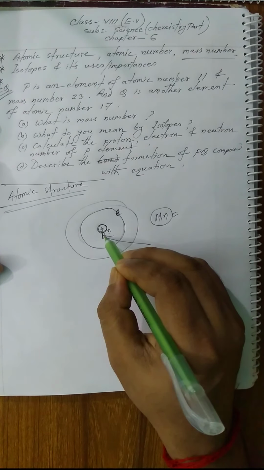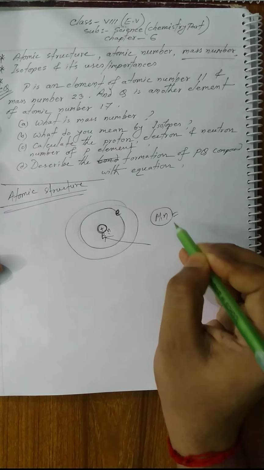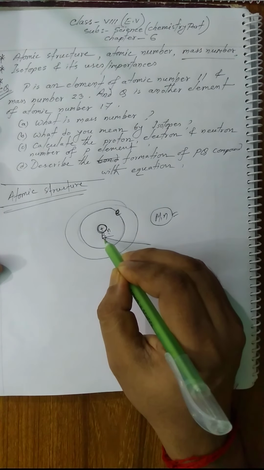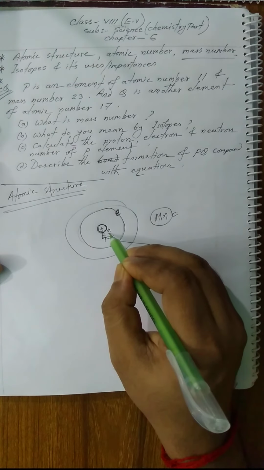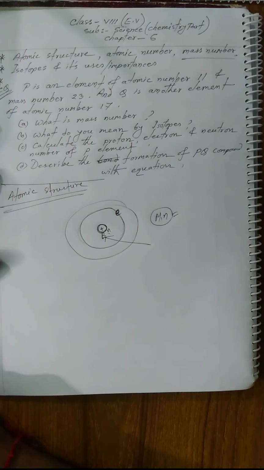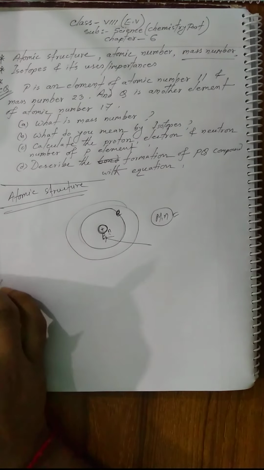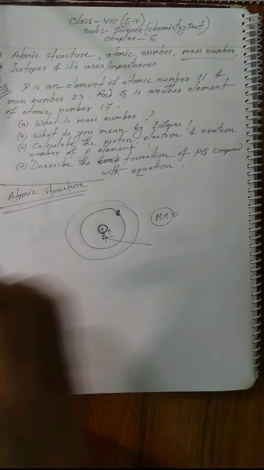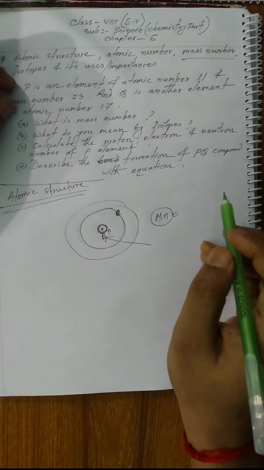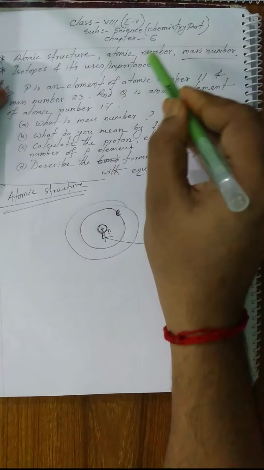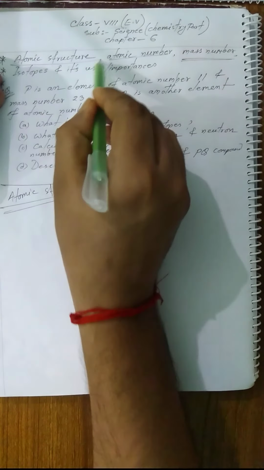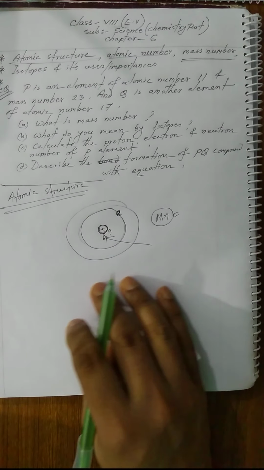The summation of protons and neutrons in an atom is known as mass number. So atomic number, mass number, atomic structure, we have already discussed.